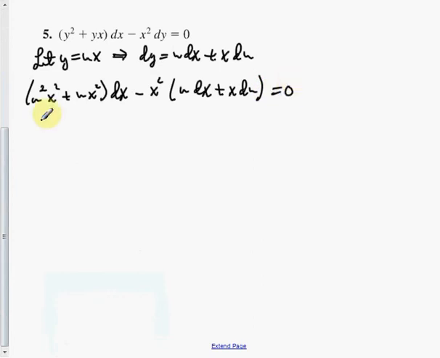Well, let's simplify this. This is u squared x squared dx plus ux squared dx minus ux squared dx. Almost sounds like you're cursing somebody, ux squared.